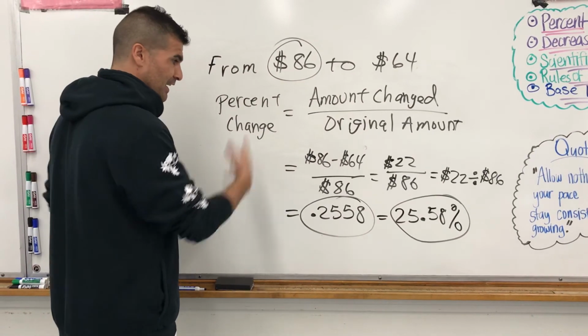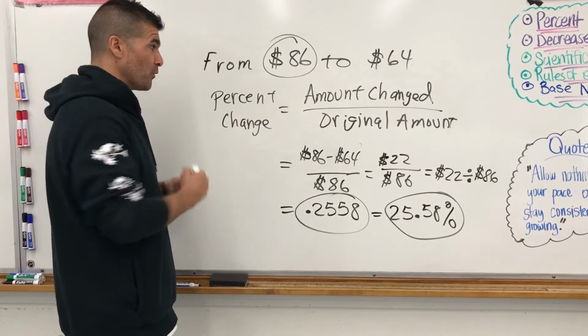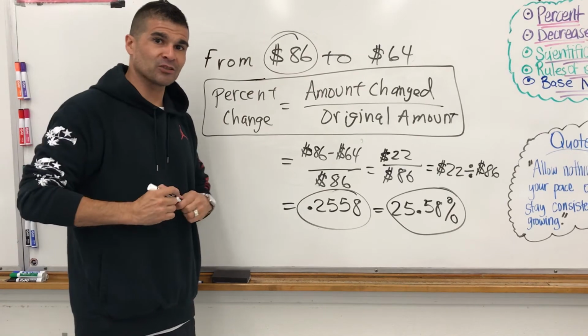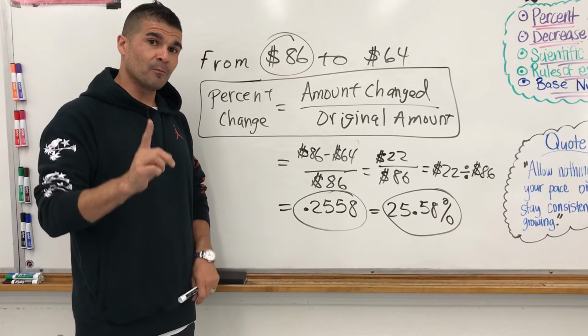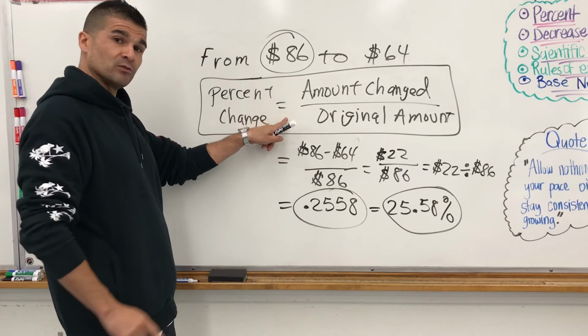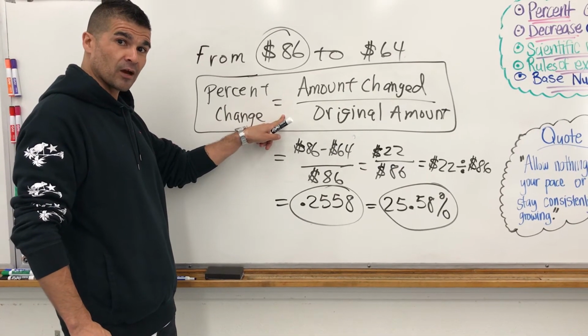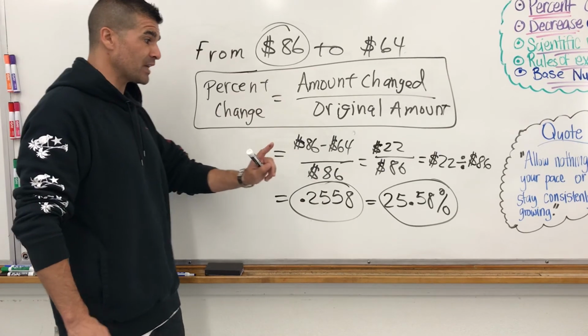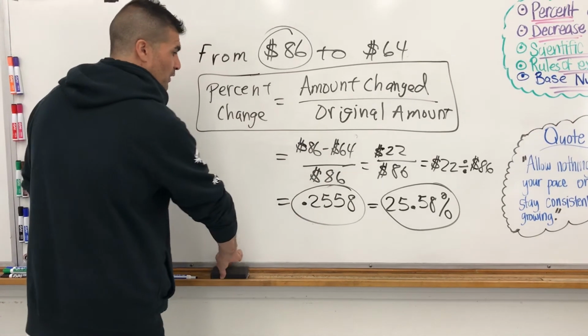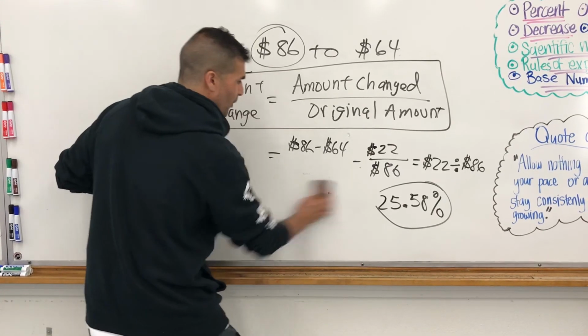Now, here's the thing. If you want to practice this on your own and you want to use this equation, I'm going to ask that you go on to a second video. But here's what I want you to do on that second video. I want you to use this equation right here on the first video, and I want to see if you can get what the percent is going to be for just a little bit different of a problem.